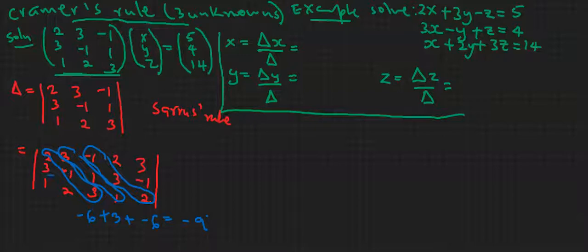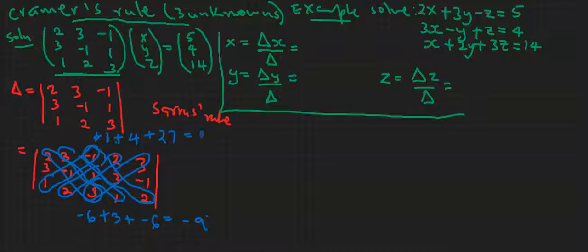Then from the bottom left corner, find the product of those elements, and this is positive 1: 1 times negative 1 times negative 1, plus the product of the elements in the second diagonal, which is 2 times 1 times 2, 4, plus the product of the elements in the next diagonal, 3 times 3 times 3, 27.